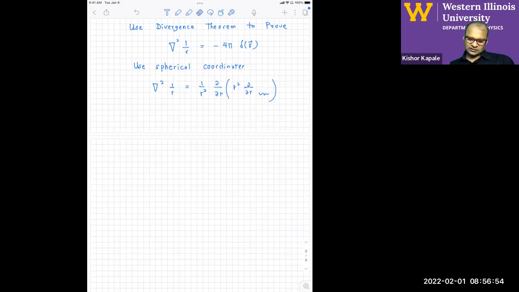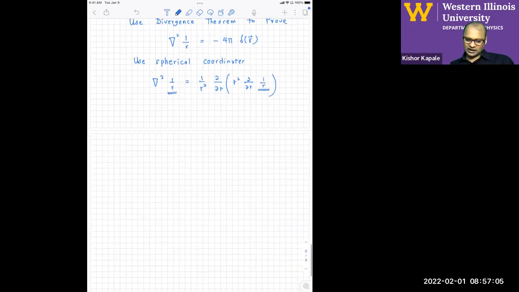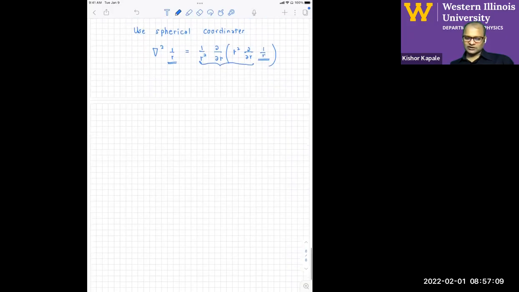So this is not crucial. This is the one that's crucial. And since we are trying to find the Laplacian of 1 over r, that would go here, right? So the rest of the stuff just comes from the expression of the Laplacian in the 3D spherical coordinates, the r dependent part, right? There is also the theta and other parts we are not going to worry about.